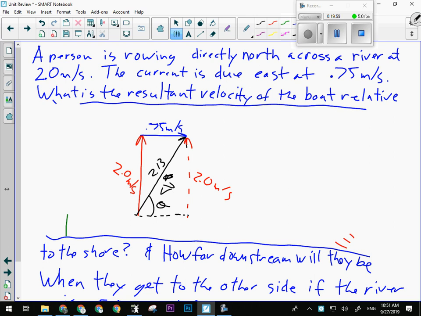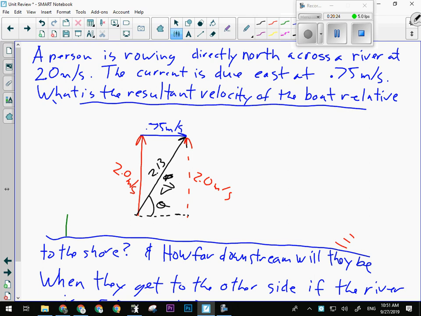It does not. This one points downstream, but this one doesn't. All you're ever going to use that resultant velocity for is to tell me what the resultant velocity is. You will never use it for anything else, because it points at an angle, slightly across and slightly downstream. If I'm referring to something across or downstream, I need to use things that are pointing in those directions.